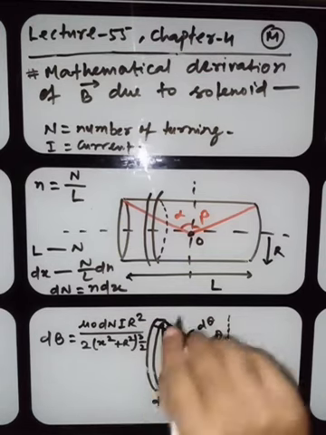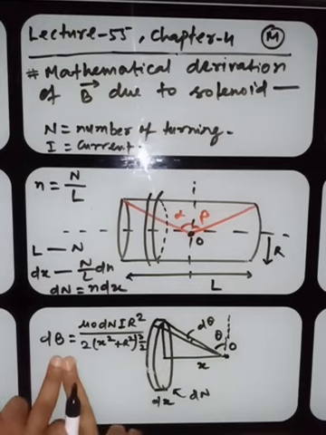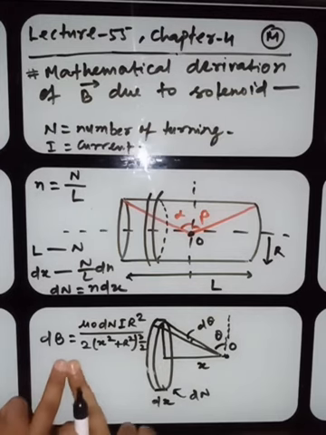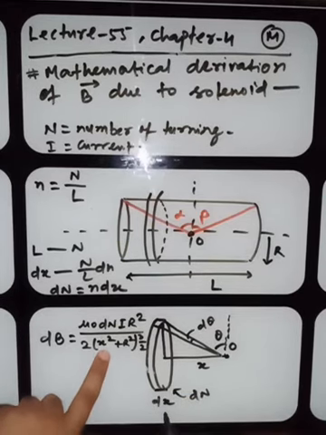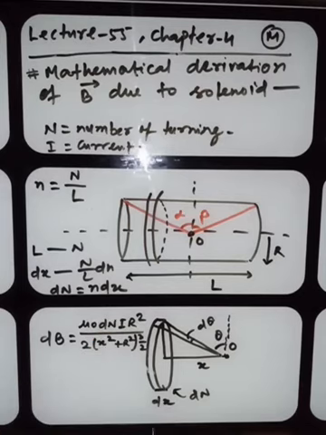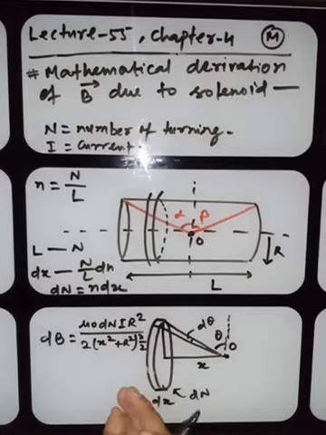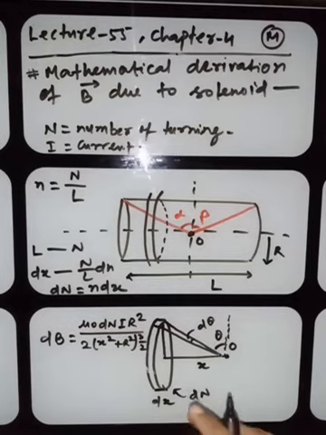Now we are going to integrate this, but we have two variables here. You can see dx is also a variable, which means x is also a variable, and the number of turns is going to change. To solve such integration, we first have to change to one variable.